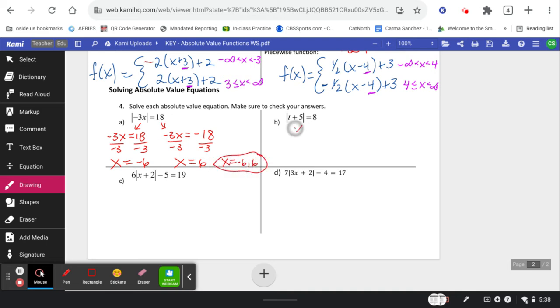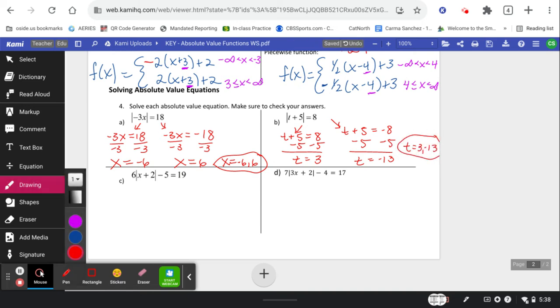Here I go to the next one. It's already isolated. I'm ready to split. t plus 5 could be positive 8, or t plus 5 could be negative 8, and then I solve each piece. I could write it in list form. Next one is not isolated. I got to do some work first. First, we got to move 5 over.